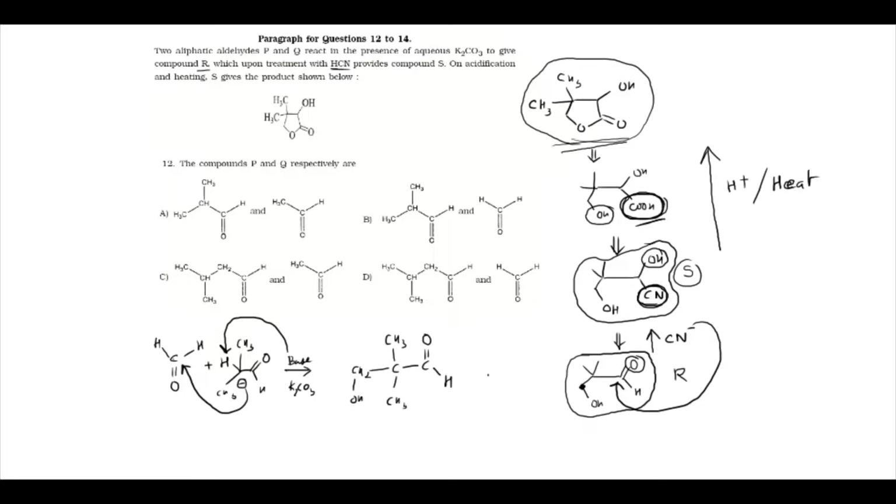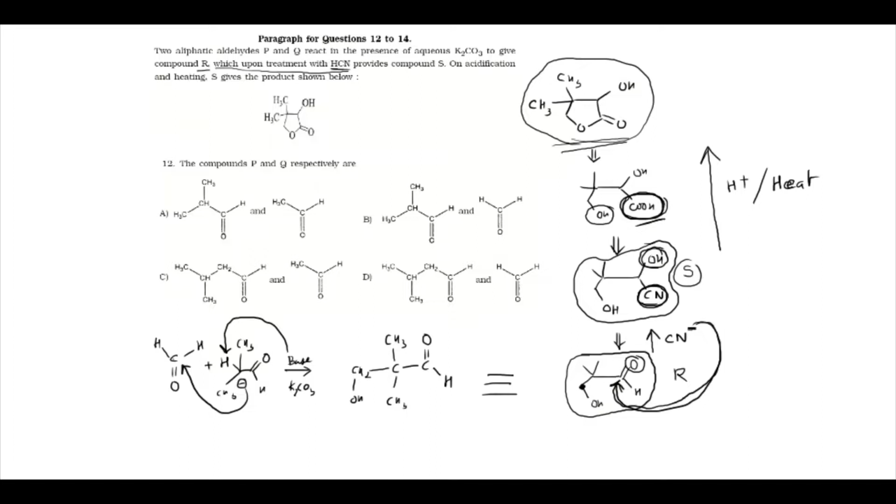We know this already. And this R will react with CN minus, because it is written here that upon treatment with CN minus it gives S. So CN minus is a nucleophile. It will obviously attack the electrophilic center, which is the carbonyl carbon, and after the attack at the carbonyl carbon, the C double bond O will be converted to a CHOH group.